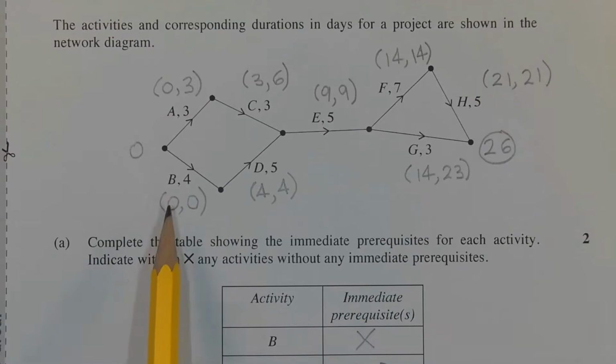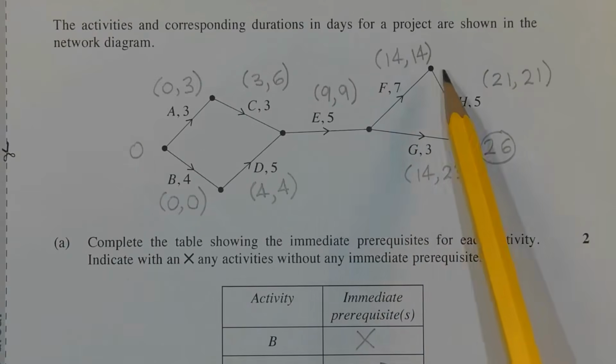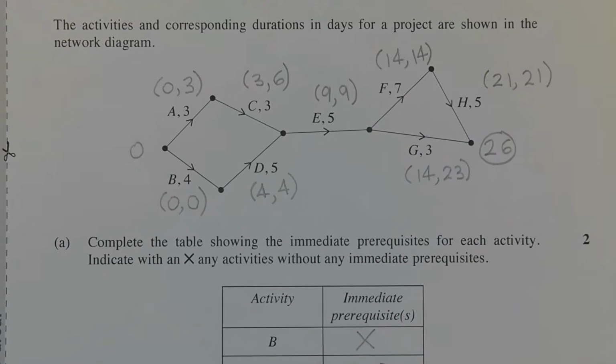Now, where the earliest start time and the latest start time are identical, that means there is no float time. In other words, those activities must start on time in order for the project to finish within the minimum duration of 26 days. So from that, we can see that B, D, E, F, and H are on the critical path.